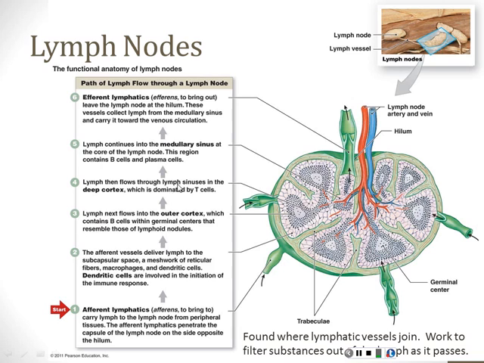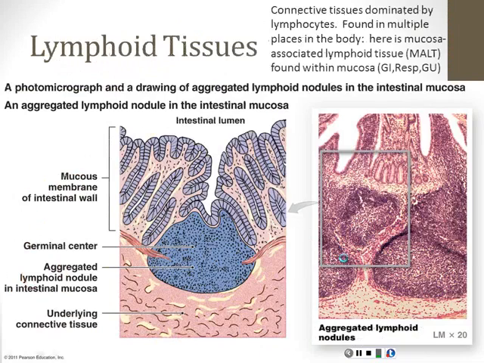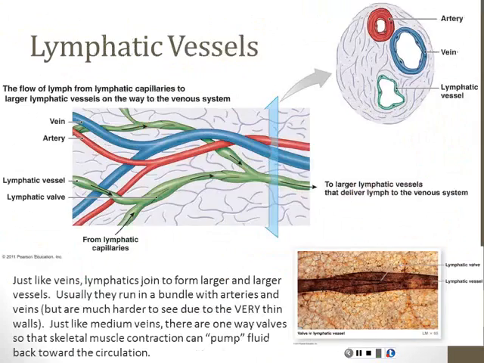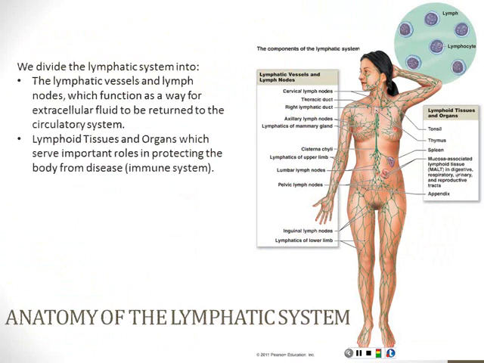So we find clusters of these. I'm going to go all the way back to my first slide here. We find clusters of lymph nodes where the arms and legs attach. So here's the arm, and then we have a cluster of lymph nodes right here in the axilla, or in the armpit. So where the arm attaches to the trunk, we have a whole bunch of lymph nodes. Why?